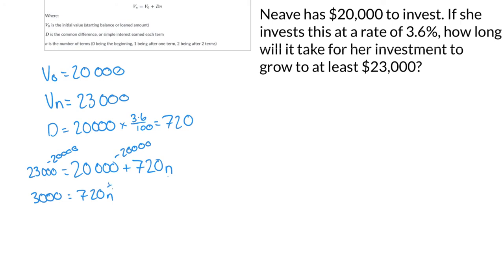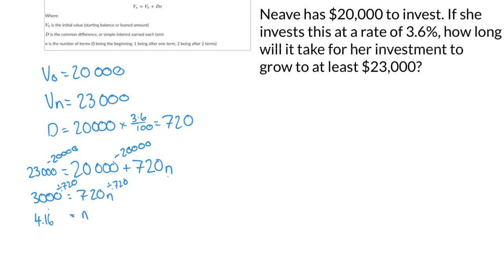Then I would divide both sides by 720. Which gives us n, which is just left on this side, and it gives us 4.16 recurring. So it says it'll take 4.16 years.